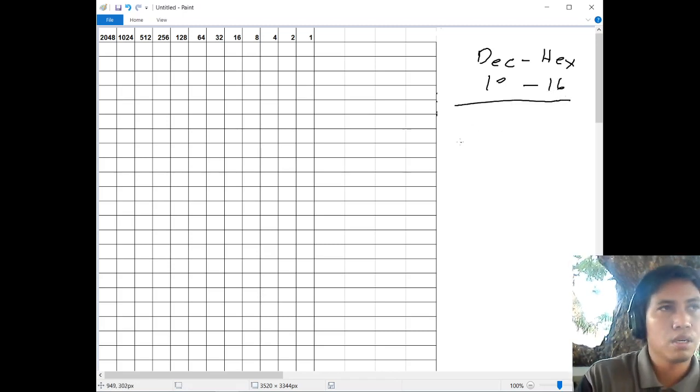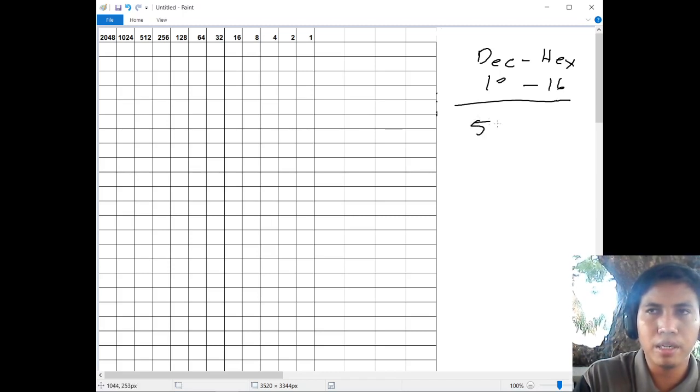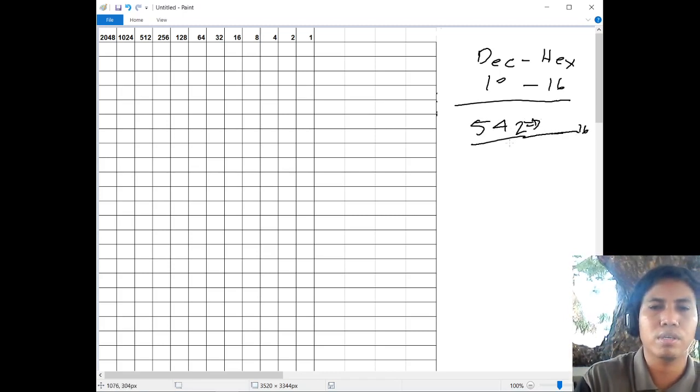Now, let's give another example, which is, let's say, 542. What would be the value in base 16? So 542.